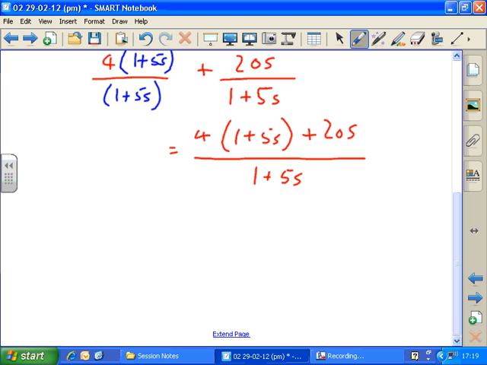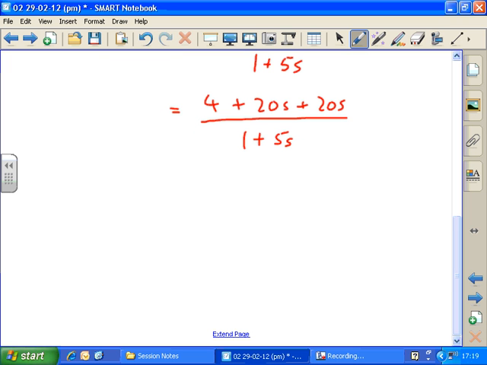So now I can expand out this top, the numerator. 4 times 1 is 4, plus 4 times 5s is 20s, plus 20s over 1 plus 5s. Multiplying out that bracket. Then I can collect together like terms. 20s plus 20s makes 40s, over 1 plus 5s.